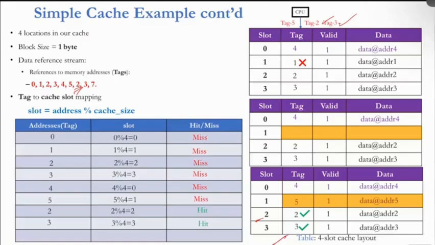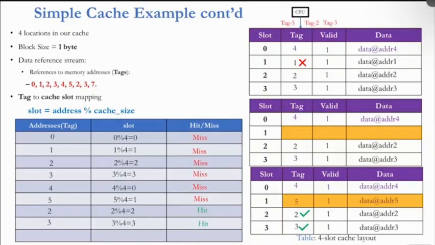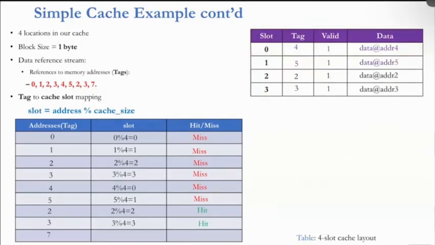The next in the sequence is 7. For block 7, which slot is assigned? It's 7 modulo 4, so slot 3 is assigned. When trying to access a piece of data from this block, the incoming tag is not equal to the stored tag, so there is a cache miss.